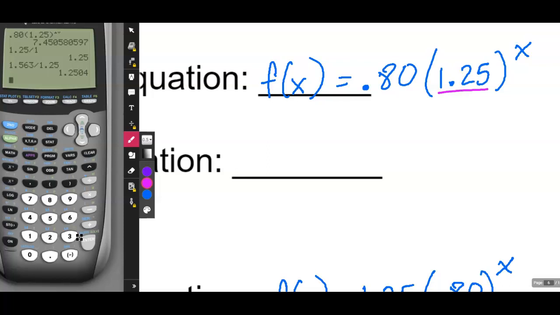So using this, let's write our recursive equation. A sub n equals, what are we multiplying by? 1.25 times a sub n minus 1. And what was our first term? 1.